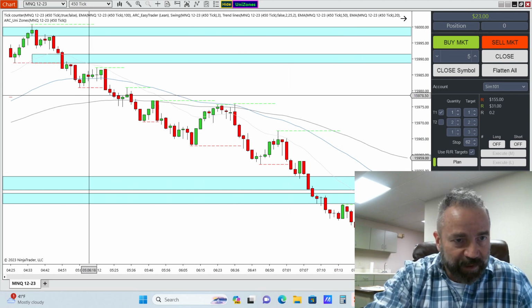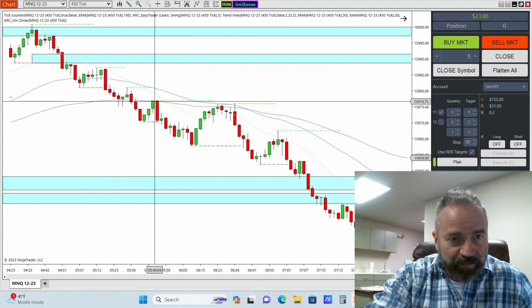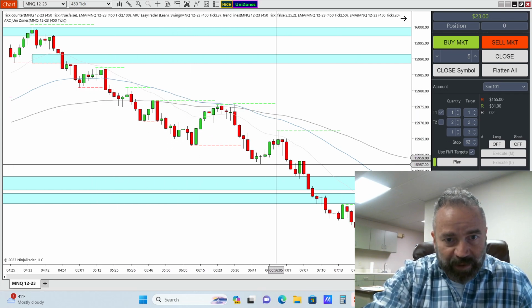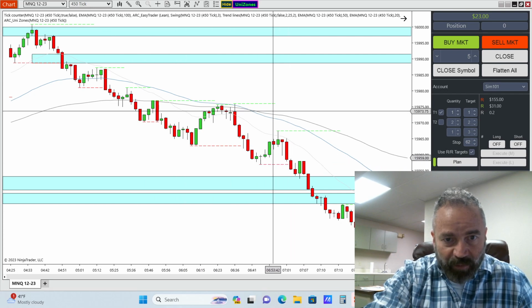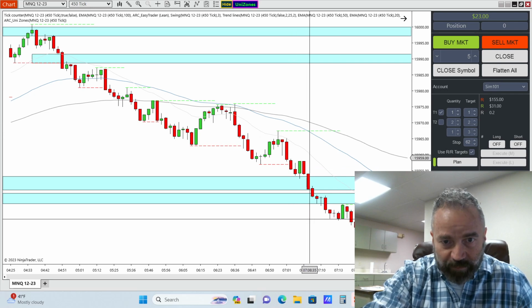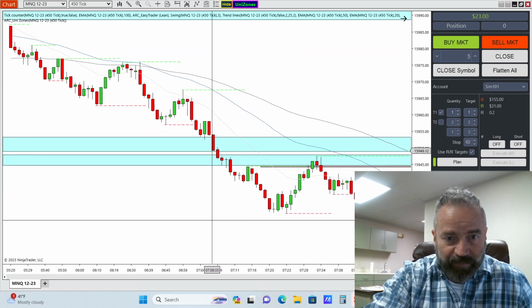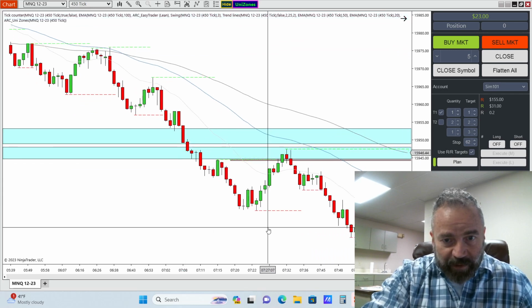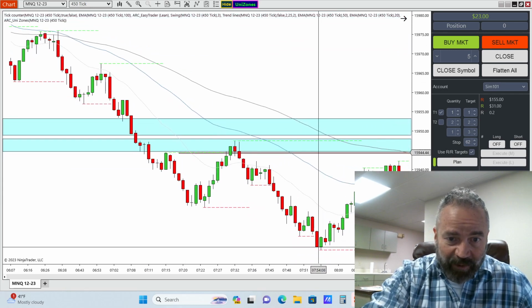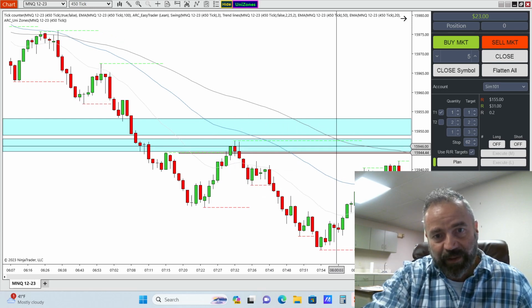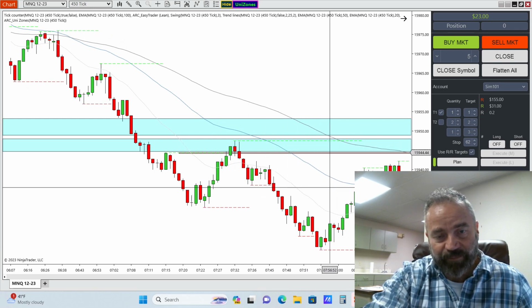Now, if you look at here, this would be the first trade under the 100 EMA. So I would have taken this trade for a 1-to-1 win. Let's just go back here. And then I would have taken the second one, if I liked it, which would have been here, it would have been a loss. But look, see how far away it was from the 100 EMA.